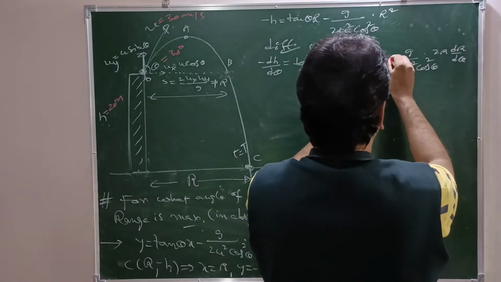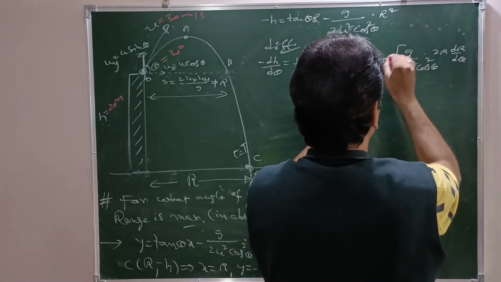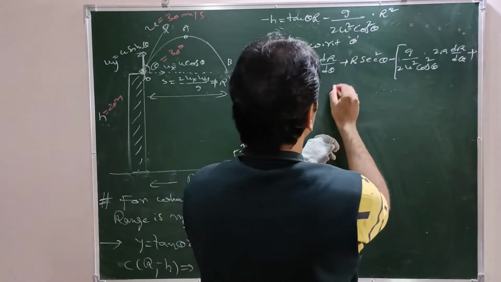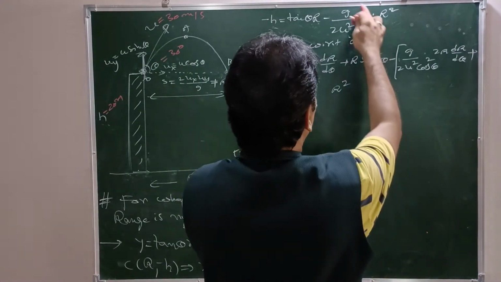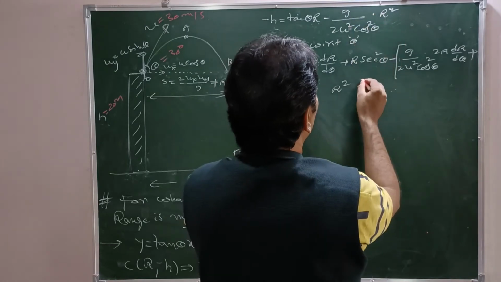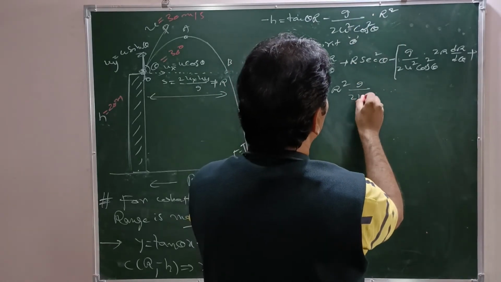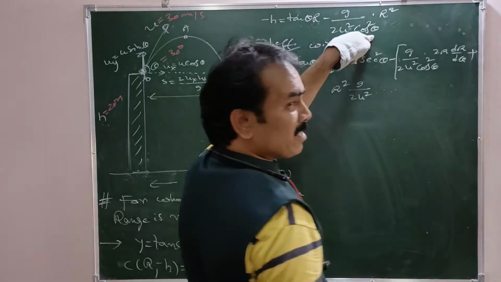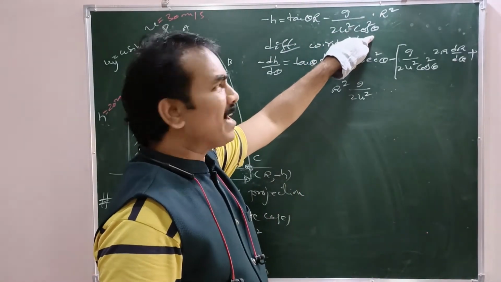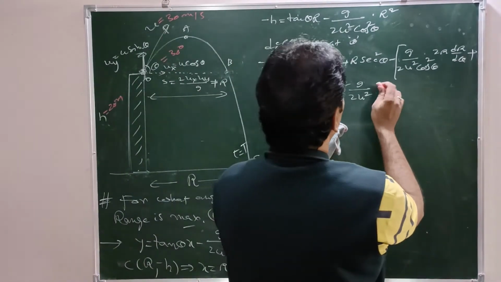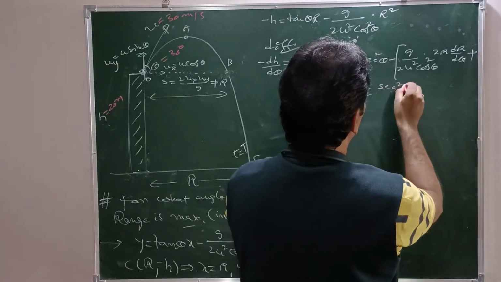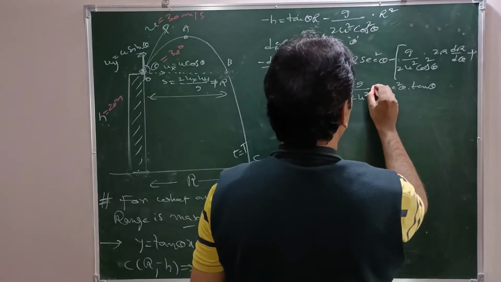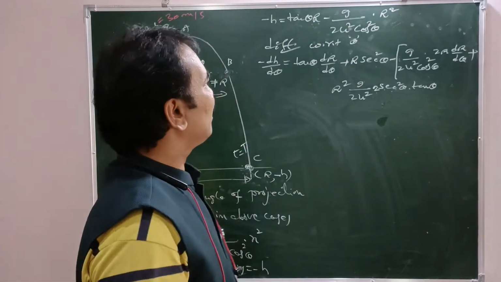I am taking a bracket here, plus this time r square is constant. Now differentiate the first term: g by 2u square is constant. 1 by cos square theta means secant square theta. D by d theta of secant square theta means 2 secant square theta into tan theta.